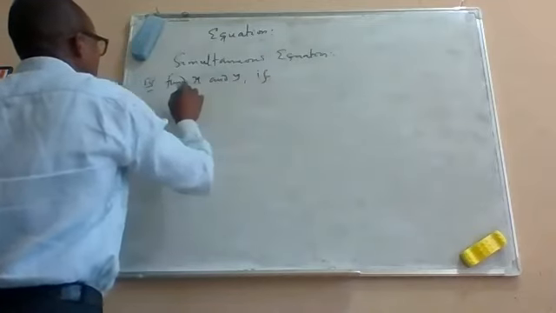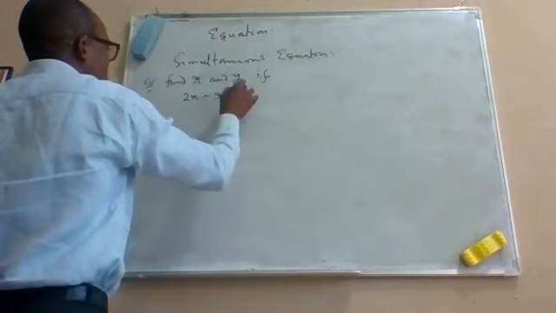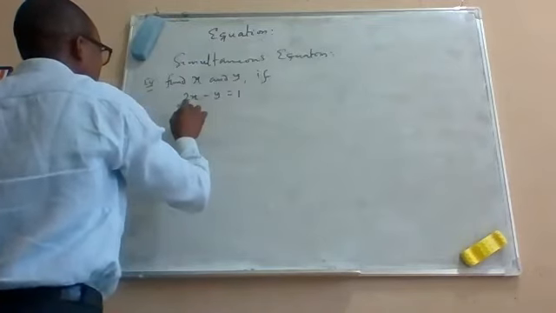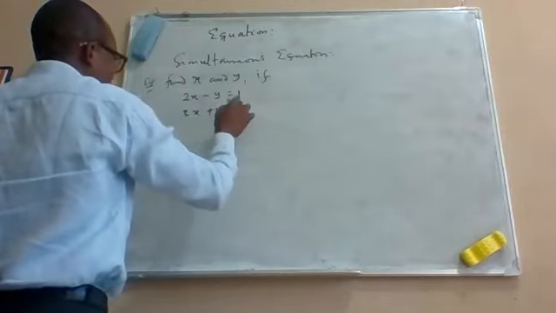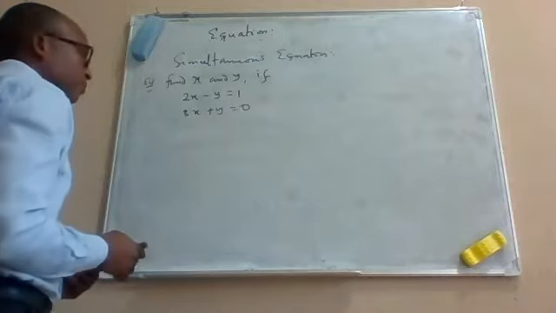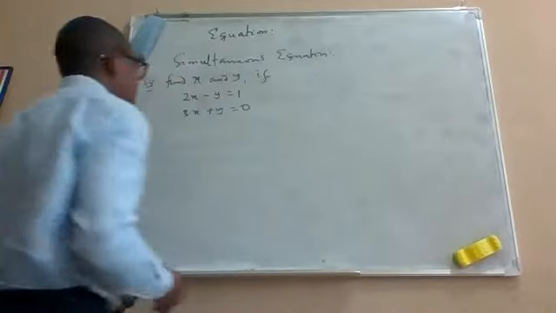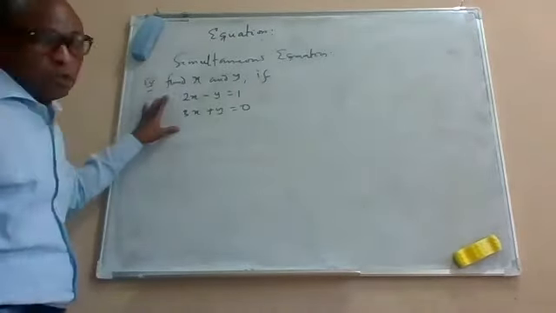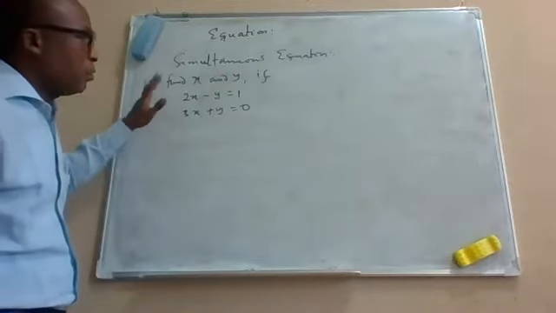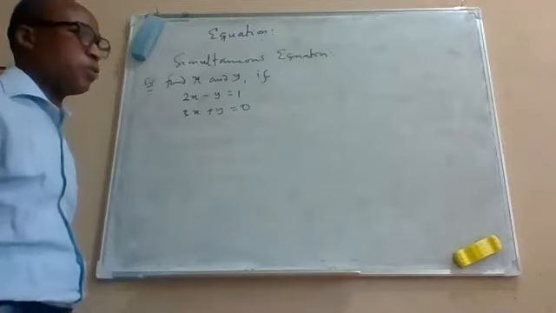If we have 2x minus y equal to 1, then 3x plus y equal to 4. So I will use the elimination method to solve each question.